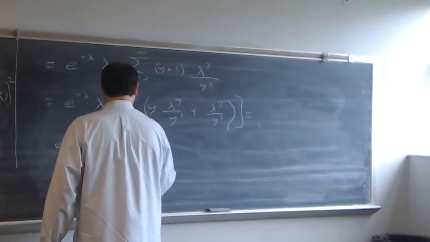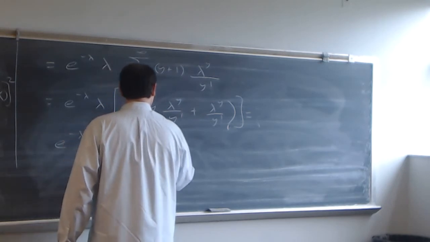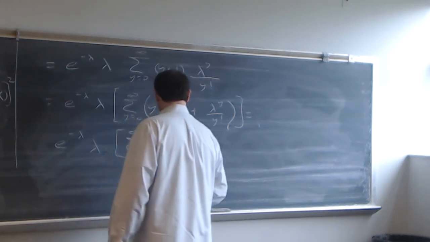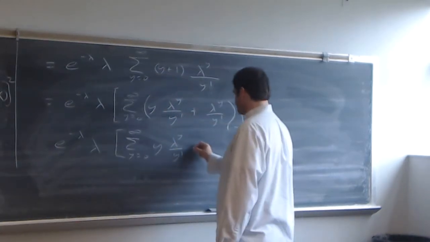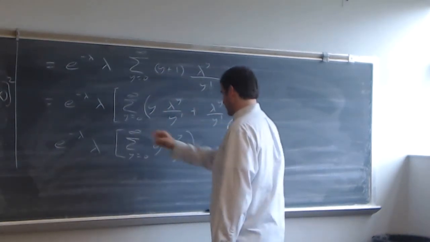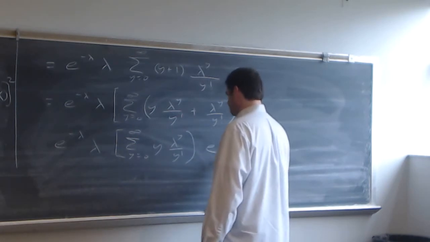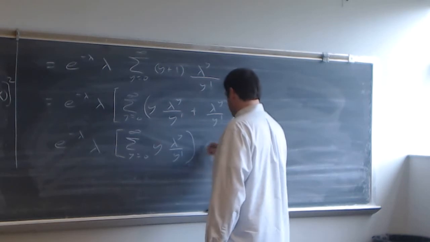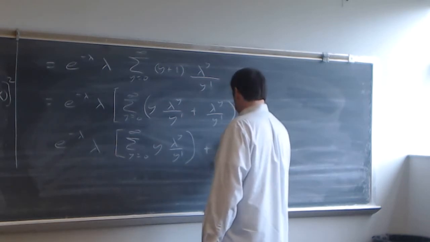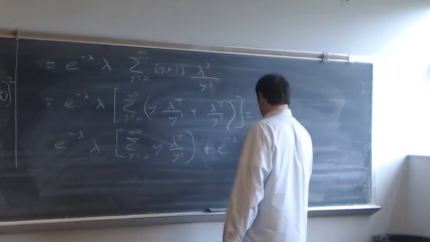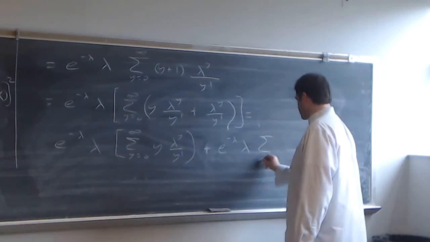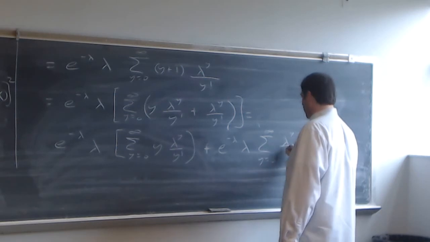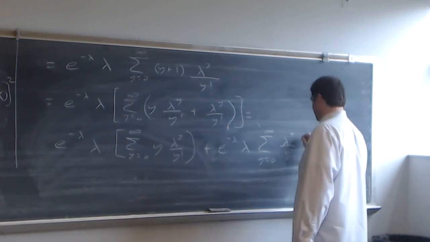The sum as y runs from 0 to infinity of y lambda to the y over y factorial, and I'll distribute this, so plus e to the minus lambda, lambda, and then here will be another sum, as y runs from 0 to infinity of lambda to the y over y factorial.